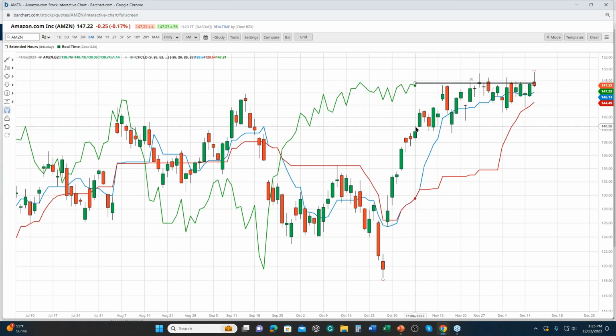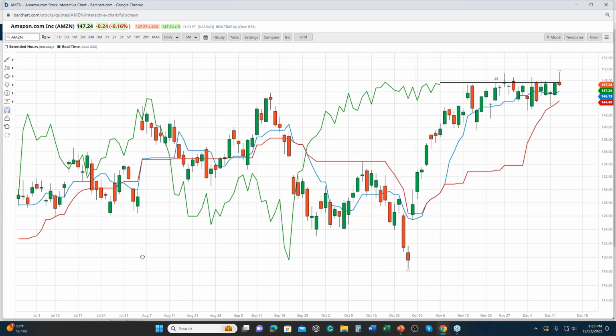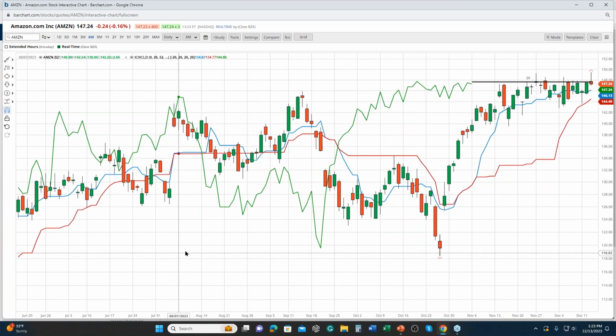So that would be interpreted as a bullish scenario. If I look over here and it is below the price from 26 periods ago, that would be interpreted as a bearish signal.